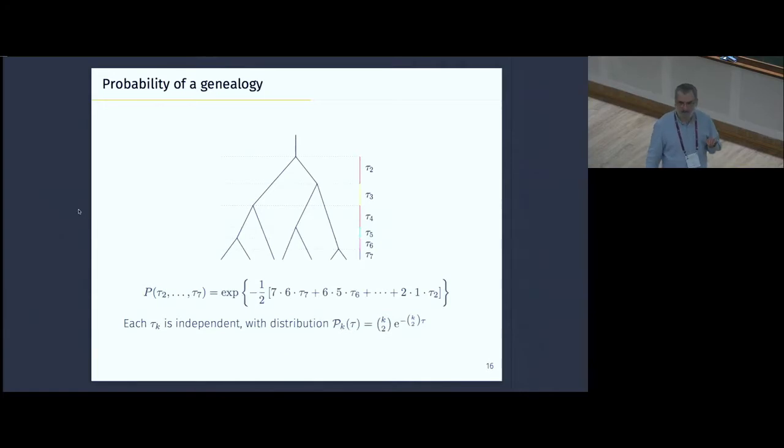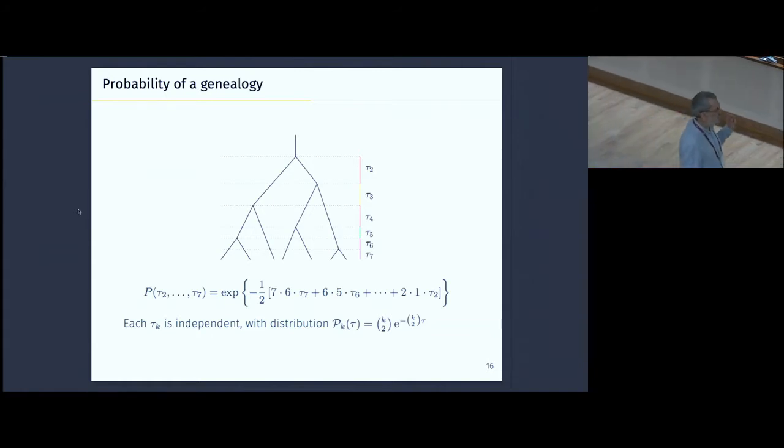Now let's go more in detail. What is the probability of a genealogy? We have got this Wn, which is important, with this pi of n. So let's imagine that we have a genealogy. Now the genealogy is not only the topology of the tree. We see that the topology is not so relevant.